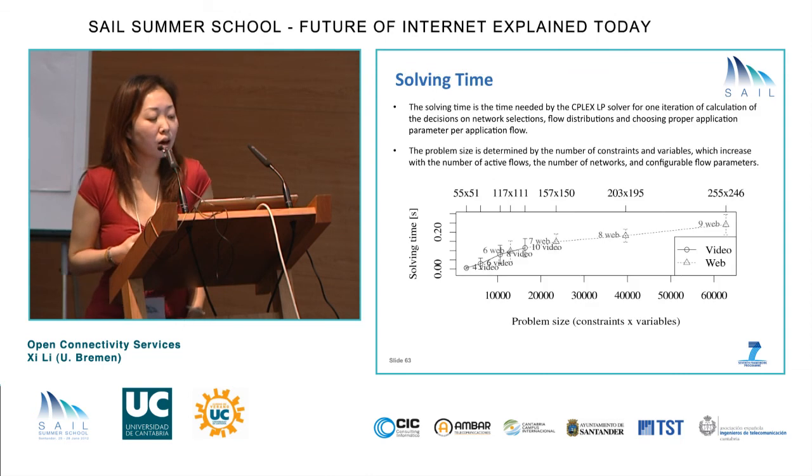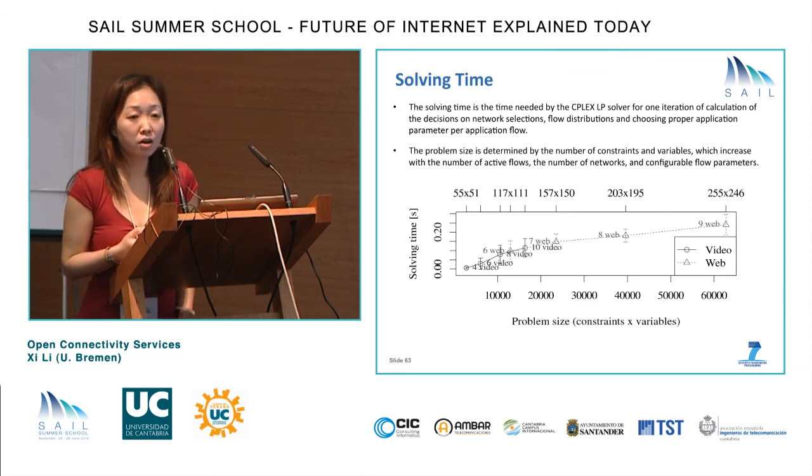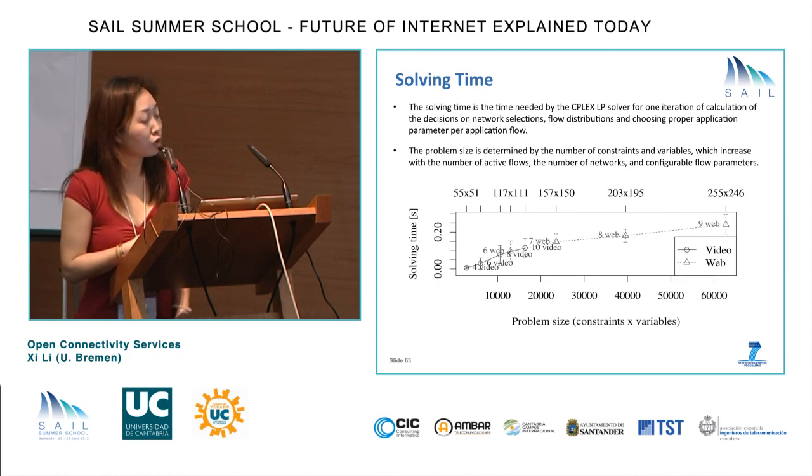In addition, we also try to measure the solving time when using the linear programming technique. The solving time in this case is the time needed by the simplex solver to calculate one iteration of making the decision about the network selection, flow distribution, and the application parameter for each application flow.